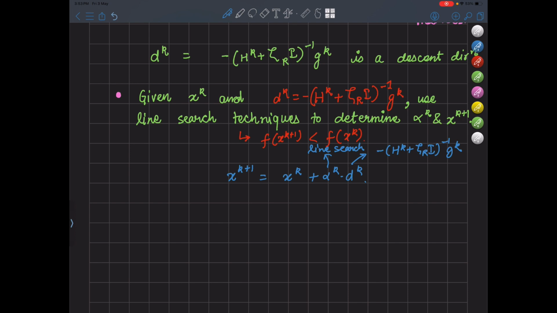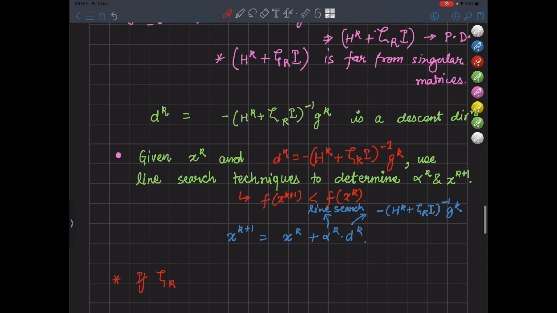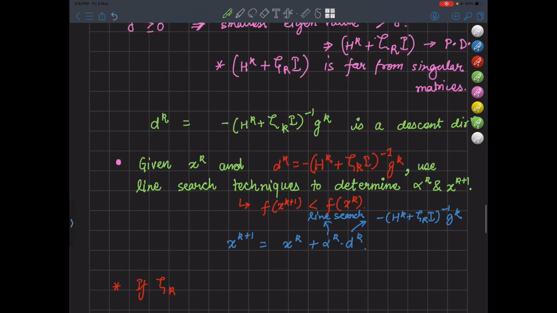Now, one of the problems of this modified algorithm is, sorry, this is always k, I said xi r but it's xi k, my apologies.